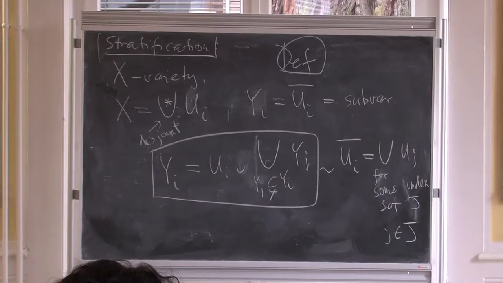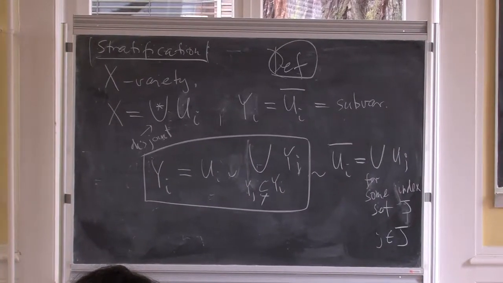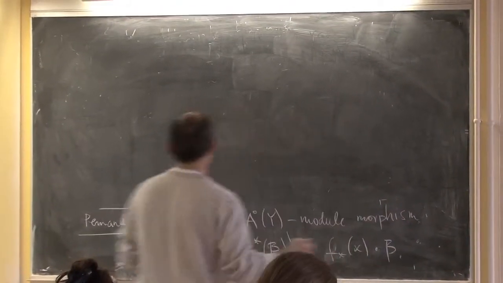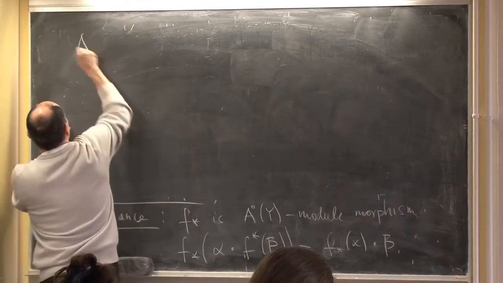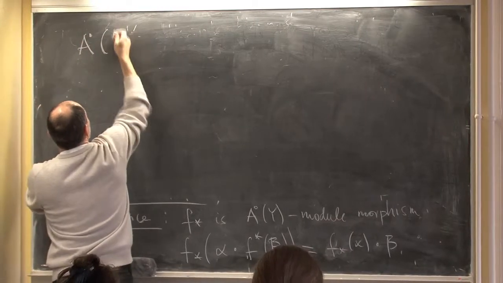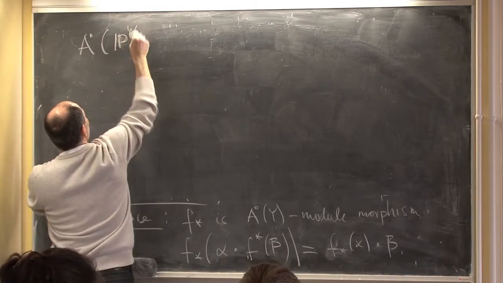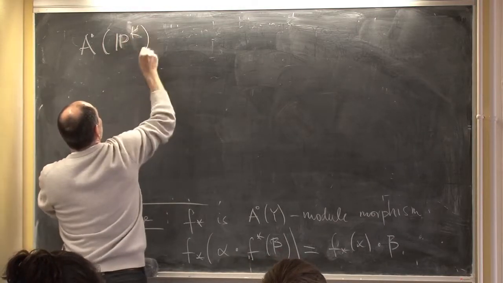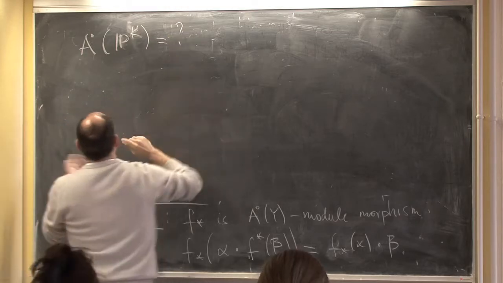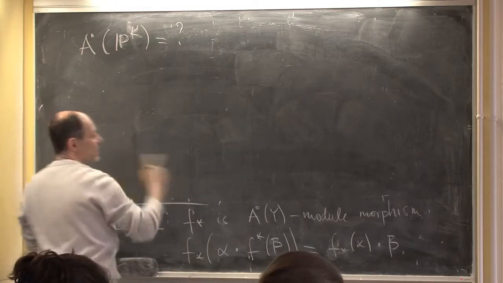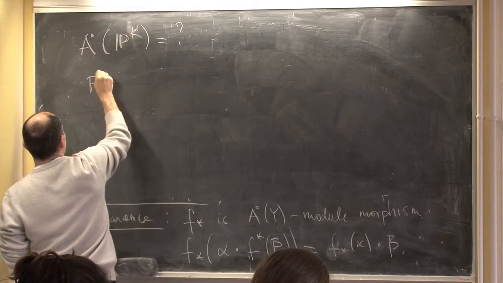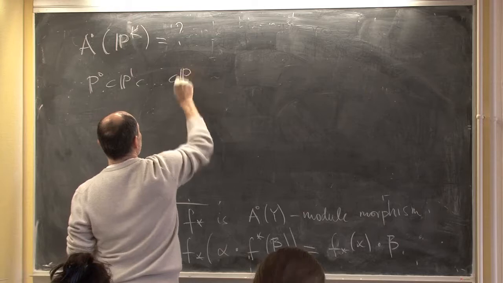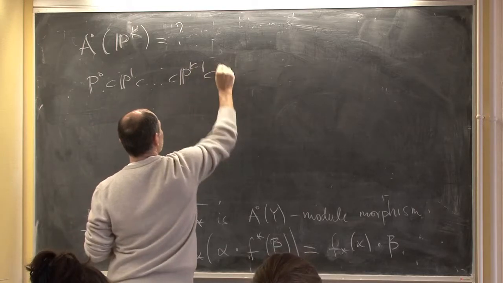Since we have this, let's identify now. This immediately allows us to identify, for example, the Chow groups of P^n or P^k. So what do we do? Well, it's easy. Now we have P0, which is just a point, P1, up to P^(k-1), P^k.